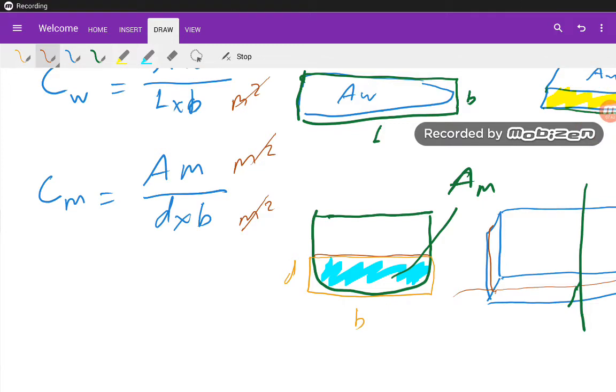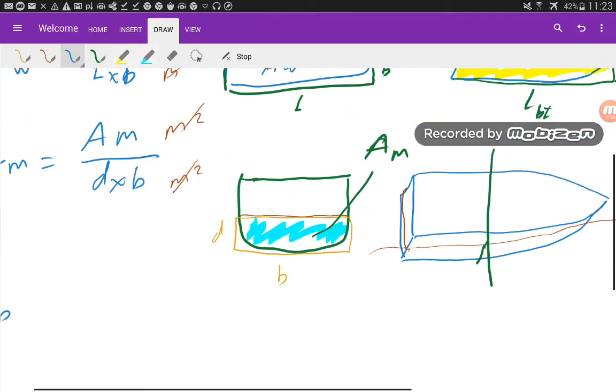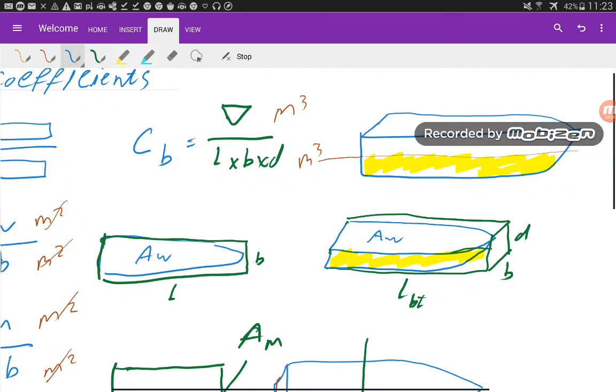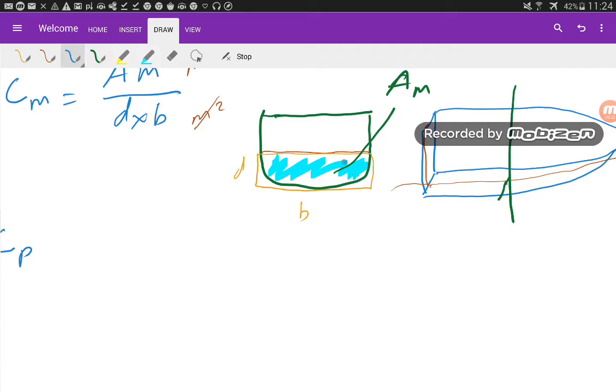We have another coefficient here, the prismatic coefficient, CP. What is CP? In the block coefficient, we put the whole underwater volume of the vessel in a box. Now, in place of the box, we are going to put it in a prism. The cross-sectional area of the prism is our midship cross section, AM.